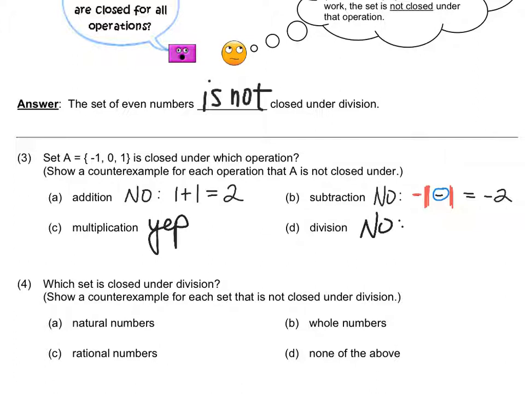There's actually two possibilities that you can say. What's any number divided by 0? Undefined.